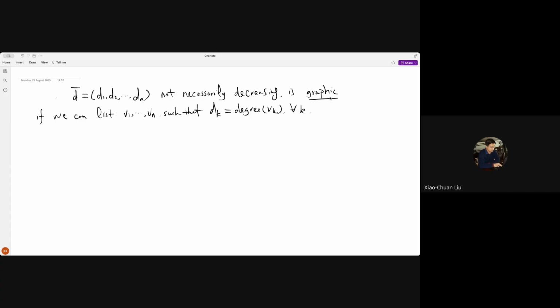This definition is made for all possible sequences. But for the convenience of the proof, sometimes we ask it to be decreasing.